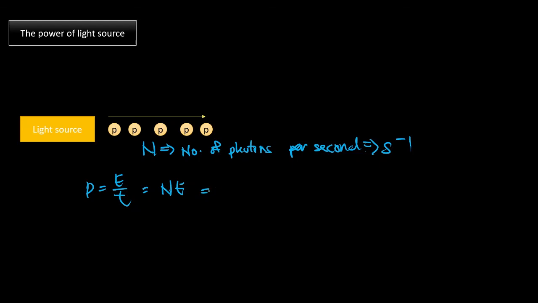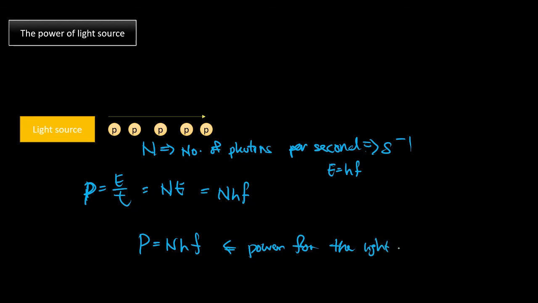So P is equal to NE, where this is the power, the capital P. Since E is equal to hf, we have P equal to Nhf, where this is the power for the light wave, or for the electromagnetic wave.